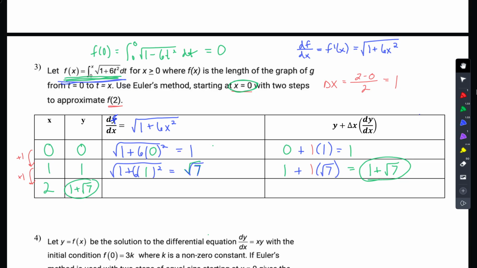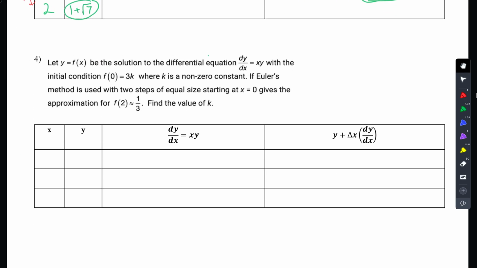Okay, last but not least, this one, because they don't give you any numbers for y. Sorry, this is a long one. So they give you this, 3K. Isn't that fun? We don't need numbers around here.